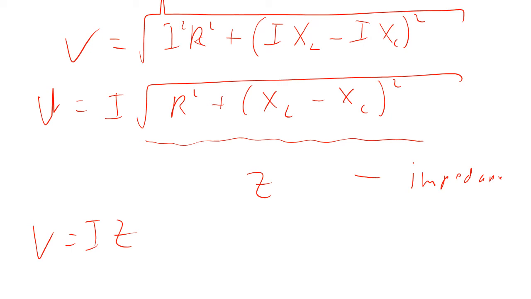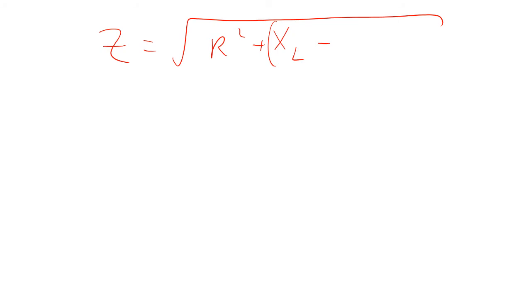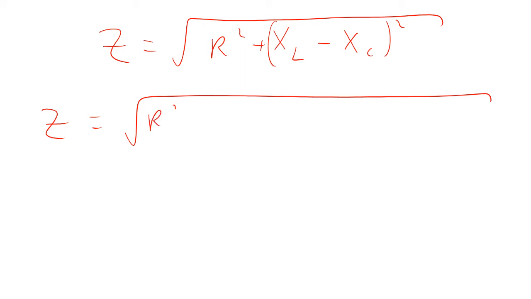And so that means that Z is going to be the square root of R squared plus XL minus XC squared. We could plug that in: R squared plus omega L minus 1 over omega C, squared.